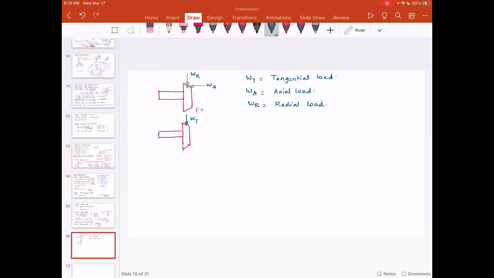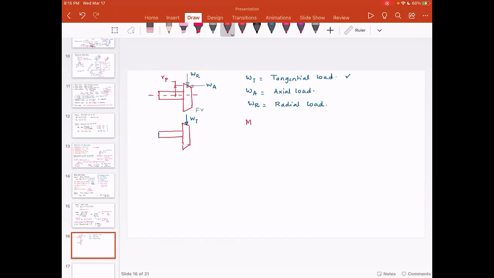Just to give you an idea, first we will find out WT. From WT, we will get WA. Once we find WA, please note WA is acting at this distance, which is the radius of the pinion.